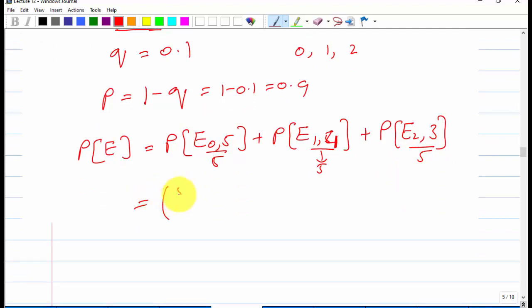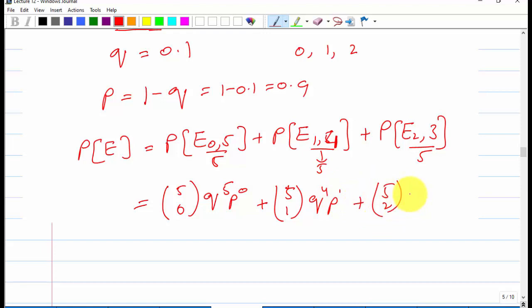So how we can write it is 5 choose 0 with Q to the power 5 and P to the power 0, plus 5 choose 1, in this way that will be Q to the power 4 and P to the power 1, and then plus 5 choose 2 with the error probability Q cubed, and success P squared.